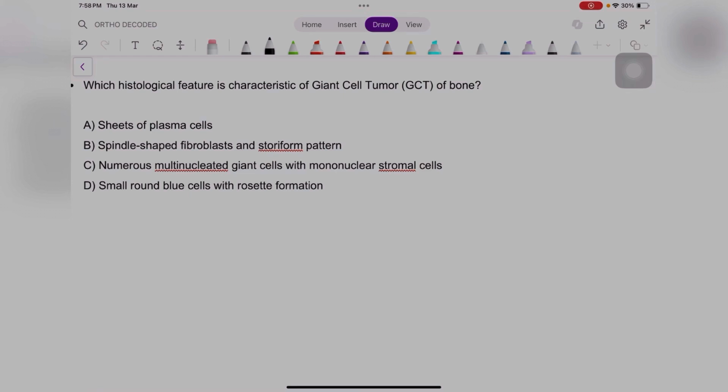So moving on to the second question, which histological feature is characteristic of giant cell tumor? I want you to go through the options once again, and now let us understand this question. They are asking about the histological feature of GCT. So as we know, what is the histological feature? As we discussed earlier, what is the answer?